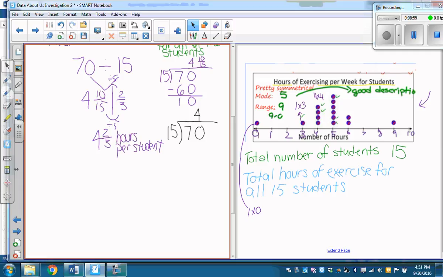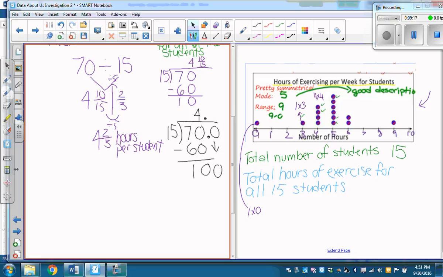4 times 15 is 60. When I subtract and get 10, since 15 doesn't go into 10, I put a decimal and a 0, and I bring that 0 down. I put a decimal up there, and I say 15 goes into 100 6 times. That's 90.